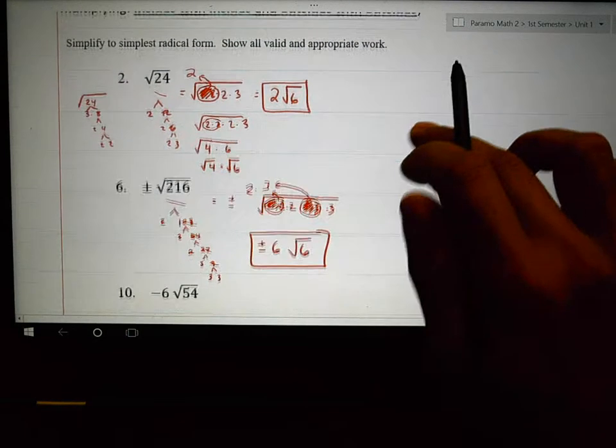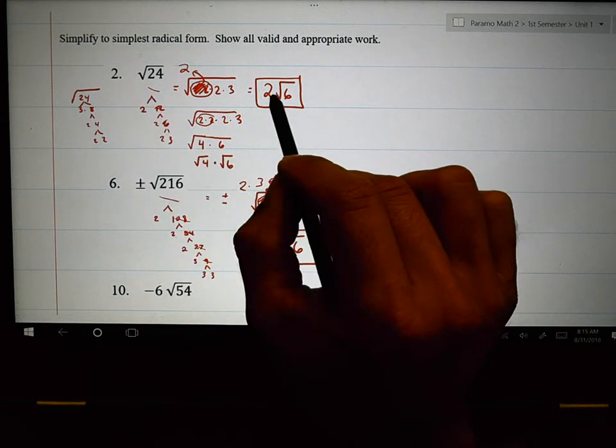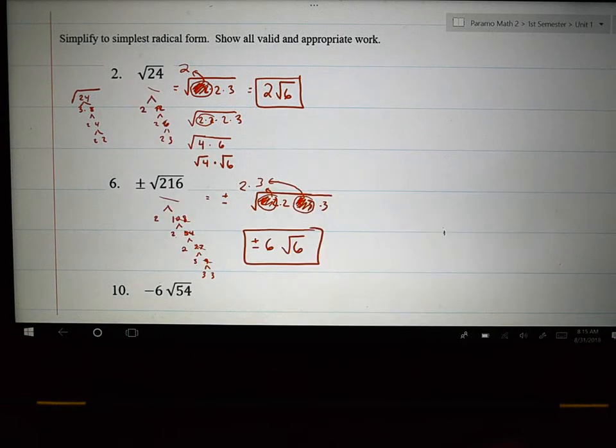So when I do the problem like number 2, the correct answer should have been 2 root 6. And you are expected to be able to do this without a calculator. If you do not know how to do this without a calculator, you're going to get a lot of practice today, because I think there's 24 of these on this worksheet.